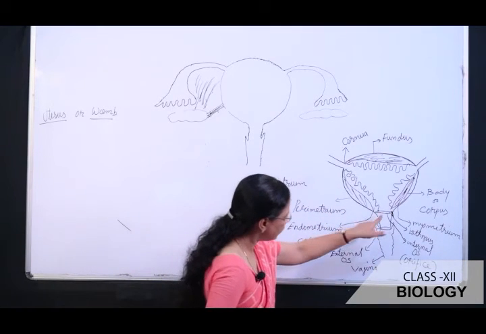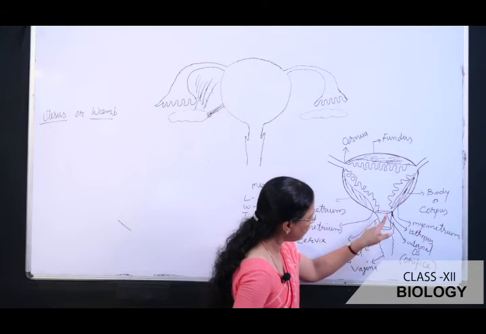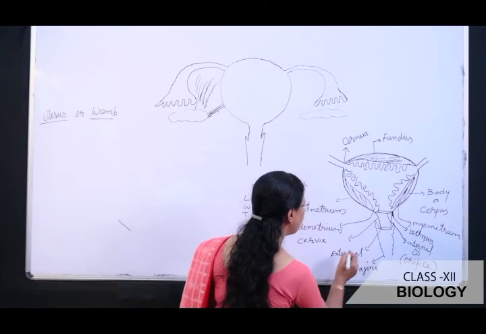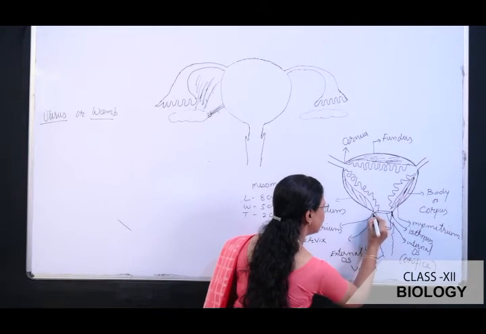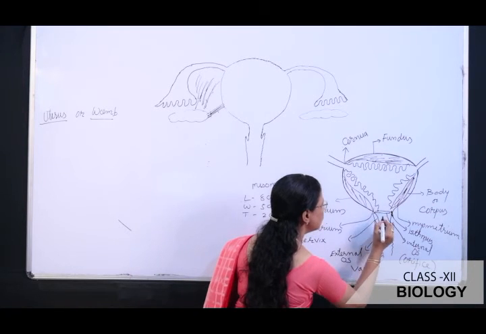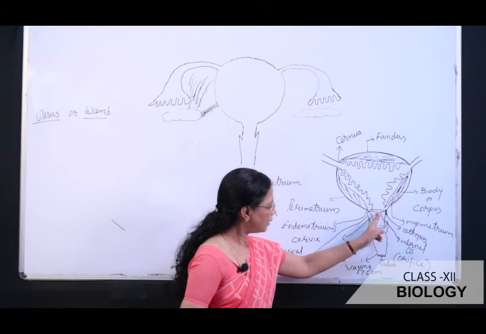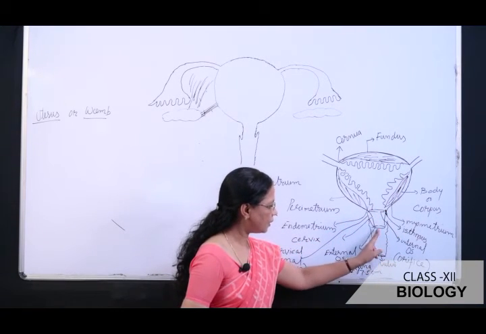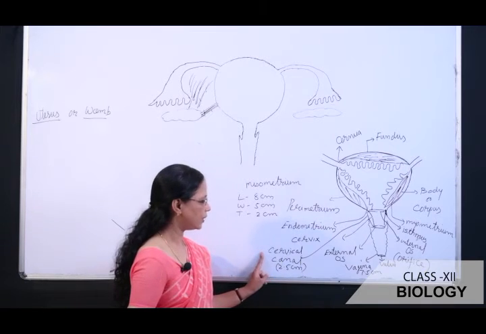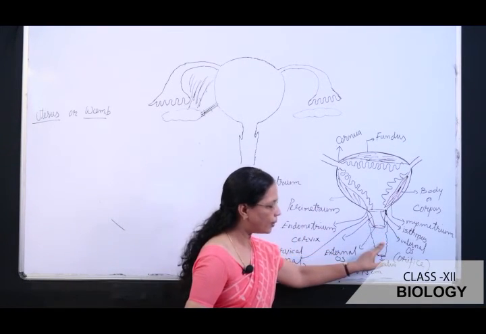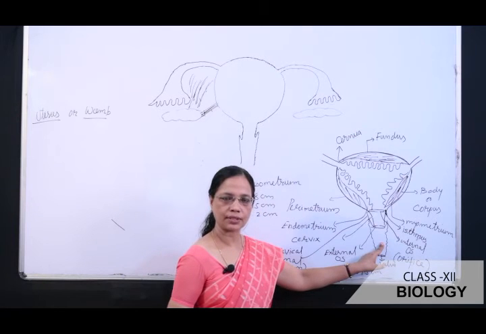Okay, the region between internal OS and the external OS is called cervical canal. So you can see this region is said to be the cervical canal. Then the external OS opens into a muscular tissue which is known as the vagina.